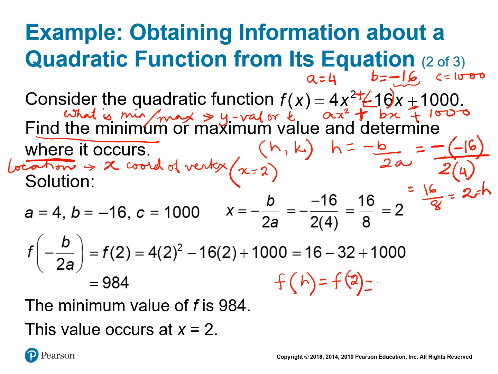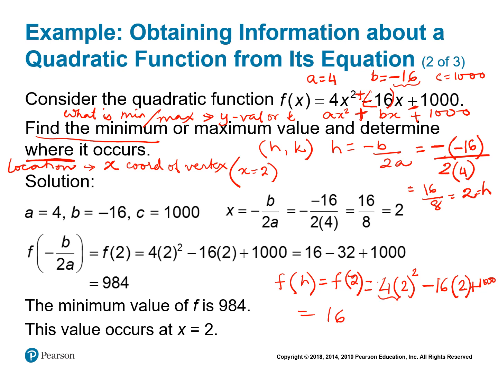We have 4x squared, so 4 times 2 squared, and then minus 16 times 2 plus 1000. So first you have to calculate the exponent. 2 squared is 4, and 4 times 4 is 16.